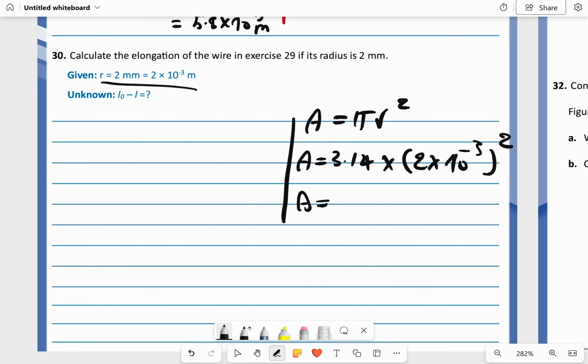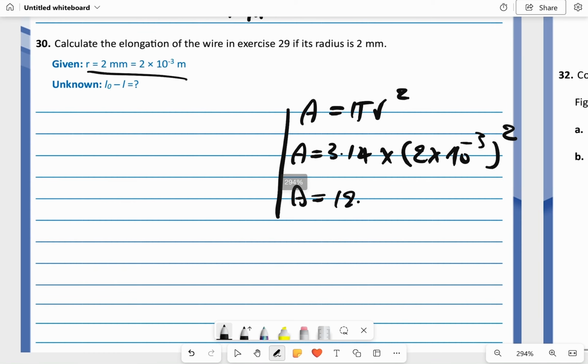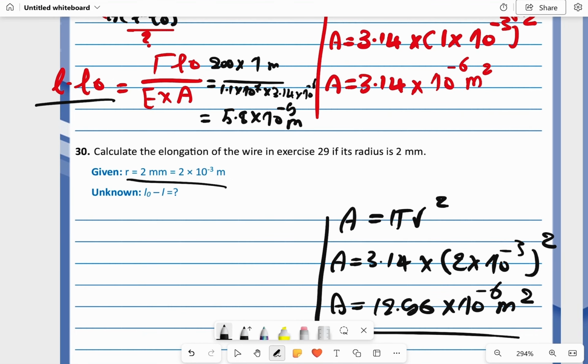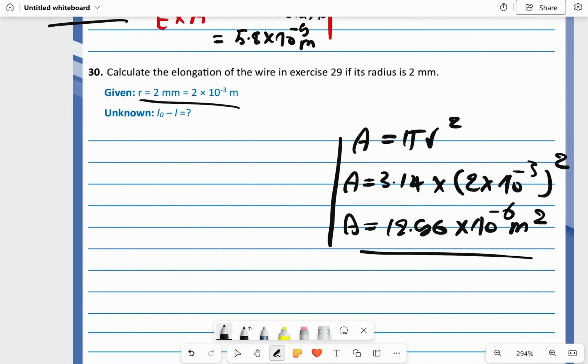Then area will be equal to 12.56 times 10 to the power of minus 6 meter squared. Just bring this area and put it here. The numbers are still the same.